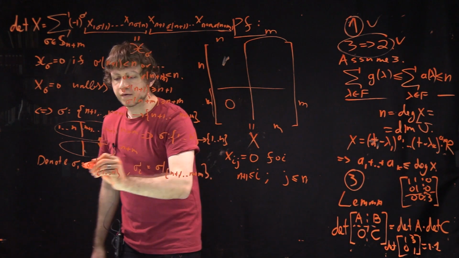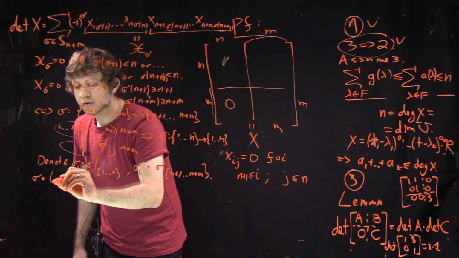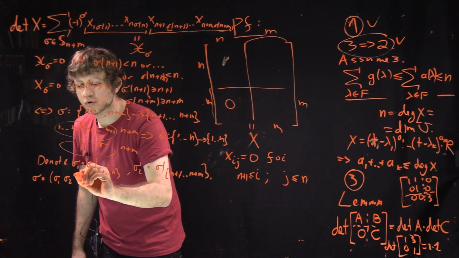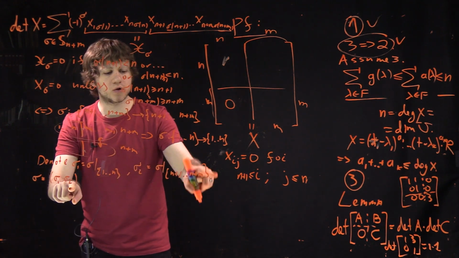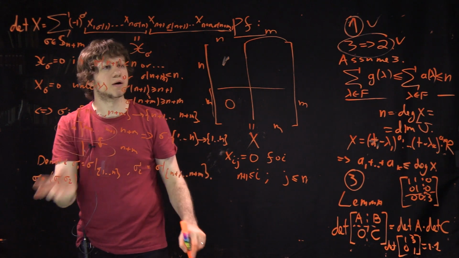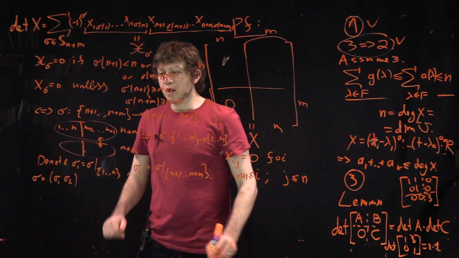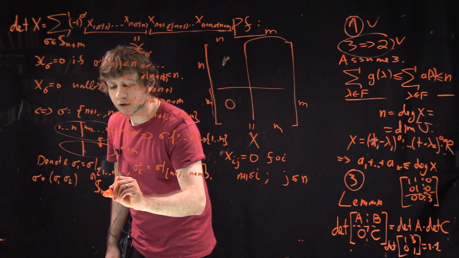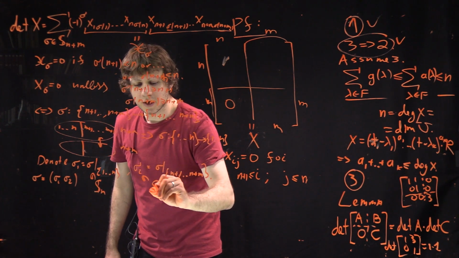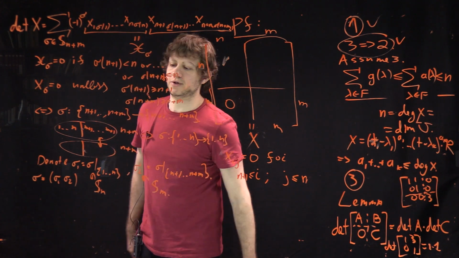And then you can think of sigma as basically sigma 1 and then sigma 2. So you just apply sigma 1 to all elements from 1 to n, sigma 2 on all elements from n plus 1 to n plus m, and of course their order doesn't matter. So we will think of sigma 1 as an element of Sn, a permutation of the first n letters, and sigma 2 as a permutation of the second m letters.